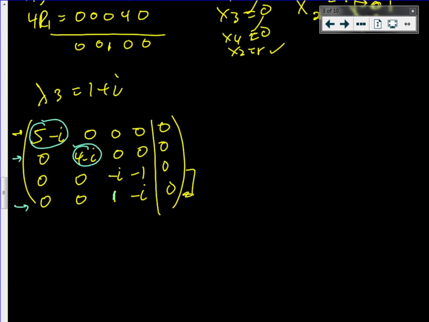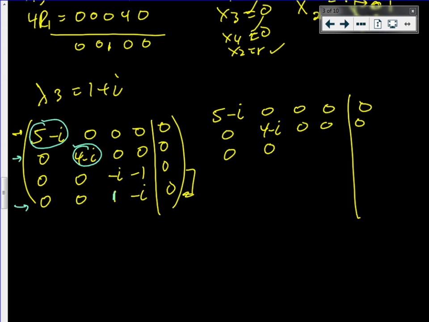So nothing changes except interchanging two rows. Triple 0, 0, 0, 4 minus I, 0, 0, 0. Then the last row becomes the third row, and the third row becomes the last row. Negative I minus 1.